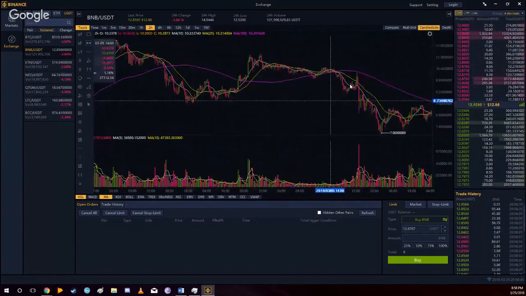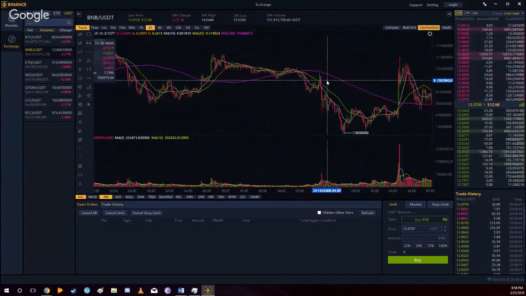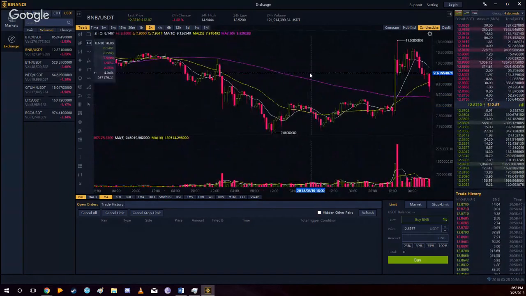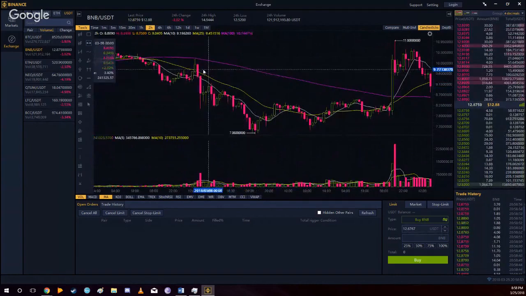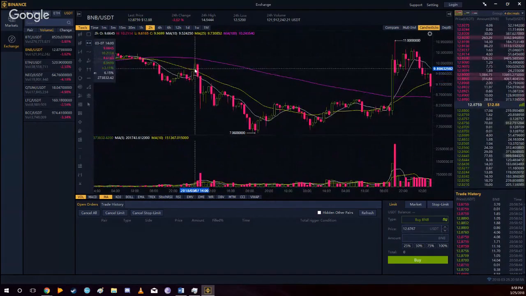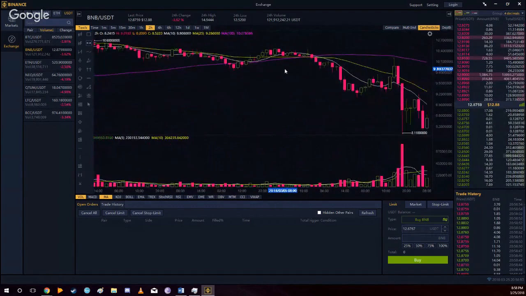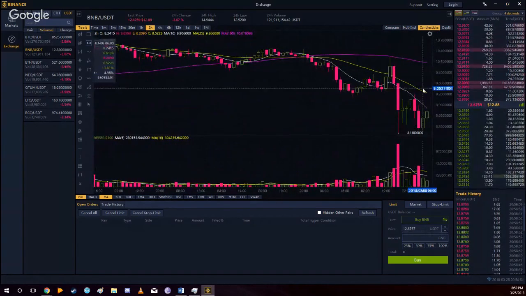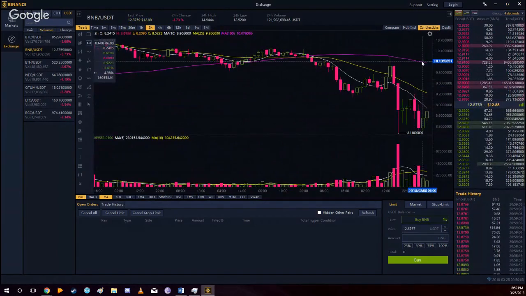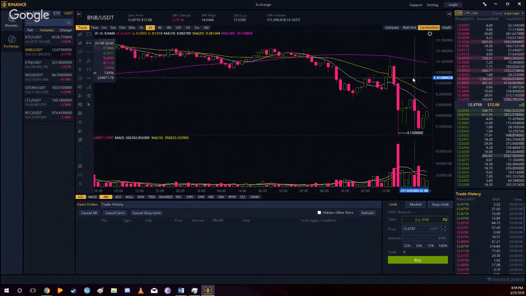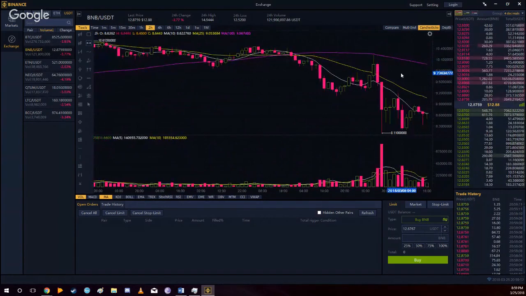But the problem is you have to time it correctly when it's below a major moving average, because you could have bought here, you could have bought here, and you would have said, well, it will surely meet this moving average again at some point. But it went down again.